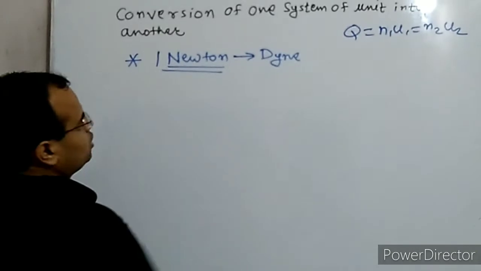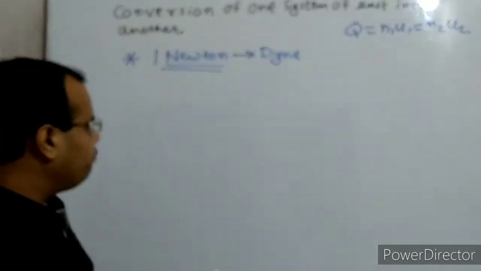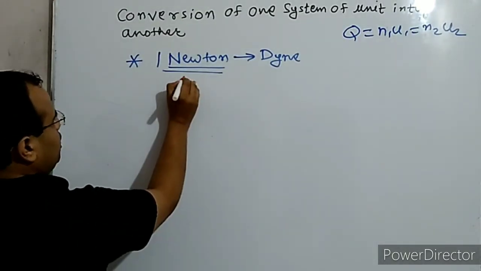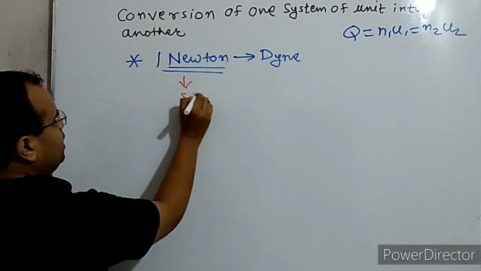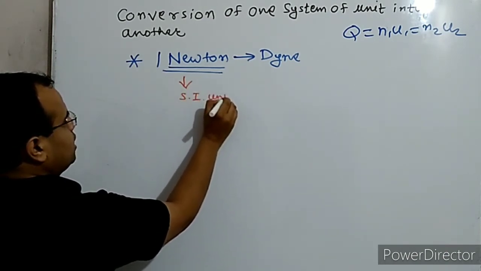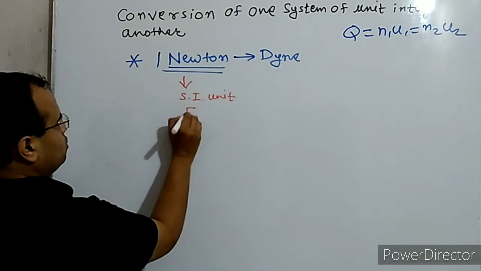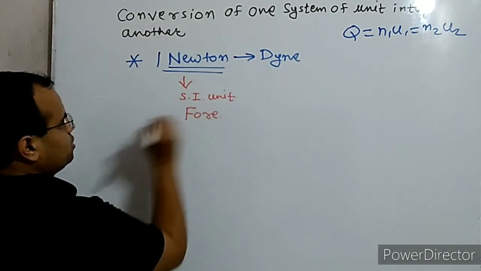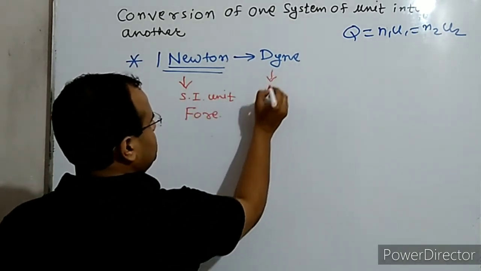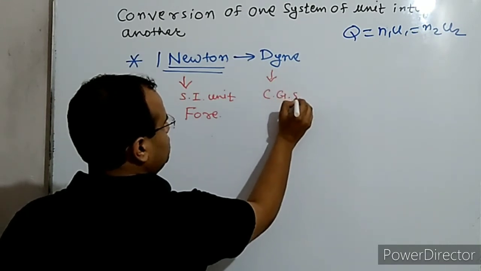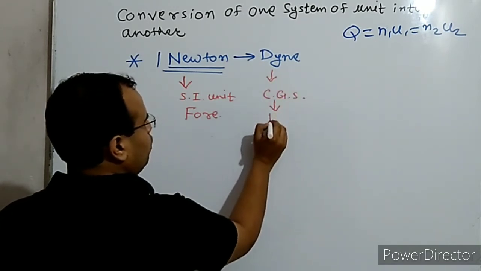Newton is the SI unit of force. And dyne is the CGS unit, and that is also a force.